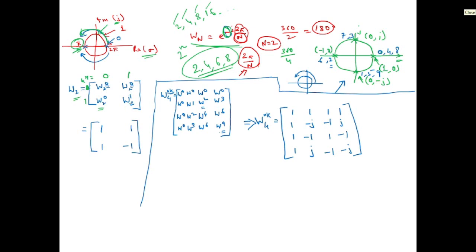Okay, so what are the values now? W_2^0 means this value is 1, e to the power minus j 2 pi by 2, and then we are having the nk value. If it is 0, that means W_N becomes 1.